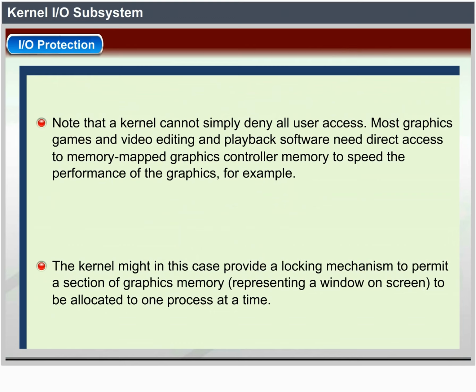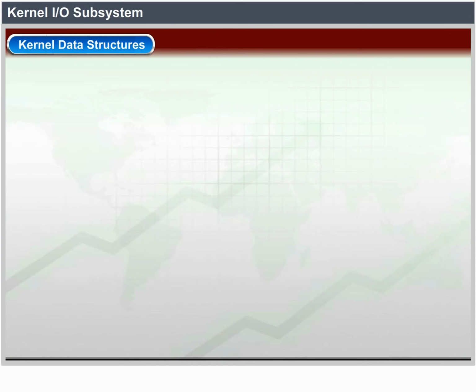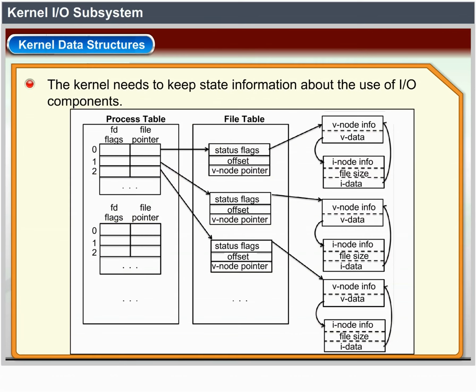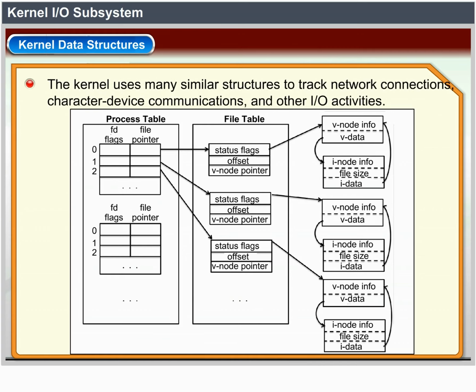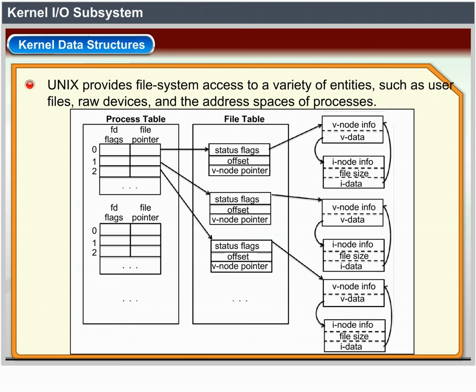Kernel data structures. The kernel needs to keep state information about the use of input-output components. It does so through a variety of in-kernel data structures, such as the open file table structure. The kernel uses many similar structures to track network connections, character-device communications, and other input-output activities. Unix provides file system access to a variety of entities, such as user files, raw devices, and the address spaces of processes.